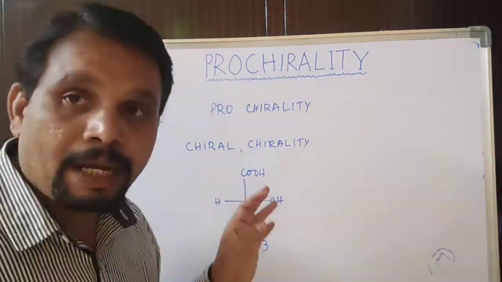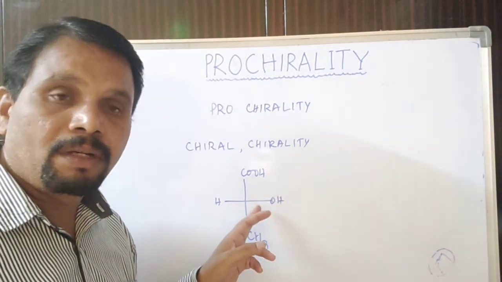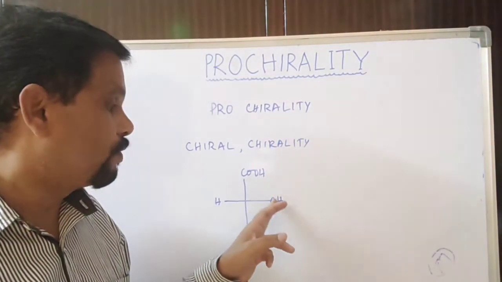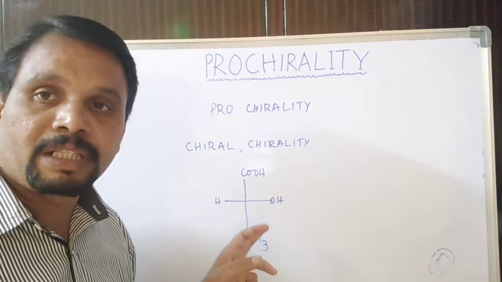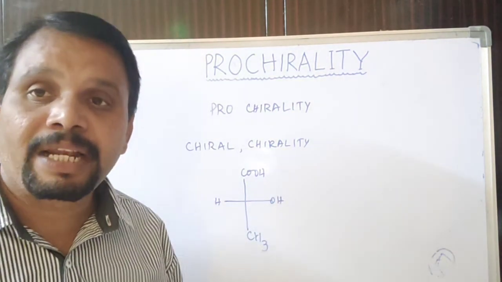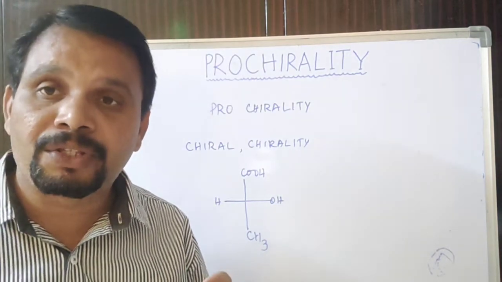So first of all, chiral and chirality. If in a molecule the central atom or carbon is attached to 4 different atoms or groups, that molecule is considered a chiral molecule. It is nothing but an asymmetric molecule.